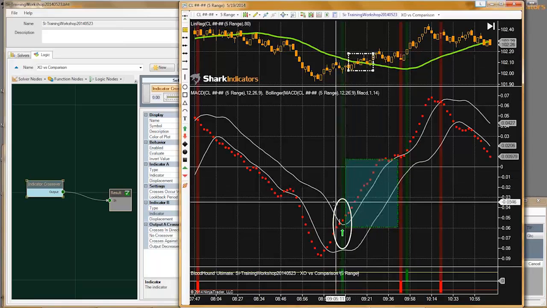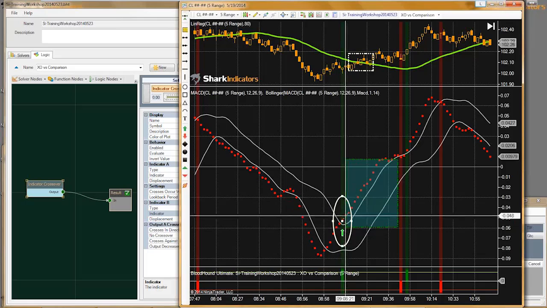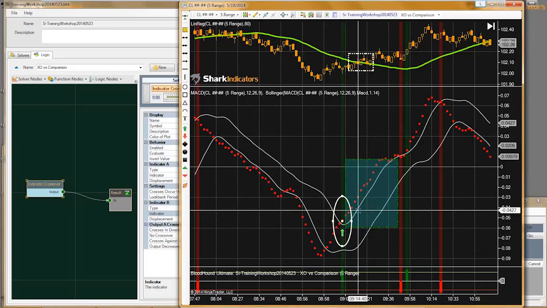Well, the first condition really isn't a crossover. The first condition is really more of a filter or a permission. So what we're looking for would be the MACD to be above the Bollinger Band.